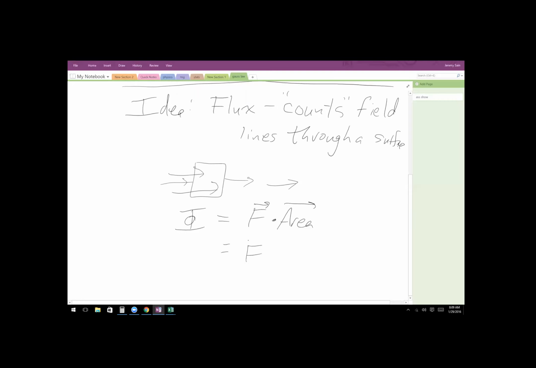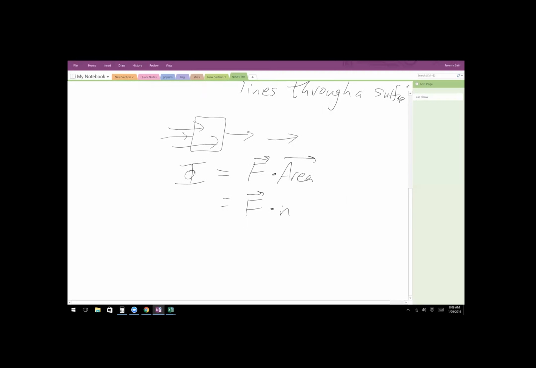It's really the vector field dot product with the normal vector of the surface, which I'll tell you what that is in a second, times the area of the surface. So, by definition, it says through a surface is what that's supposed to say.